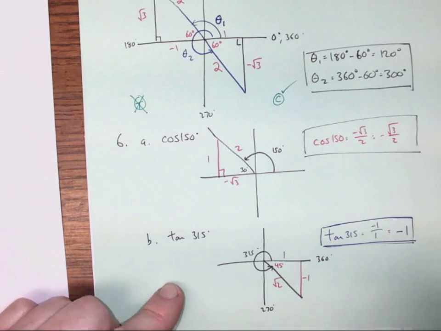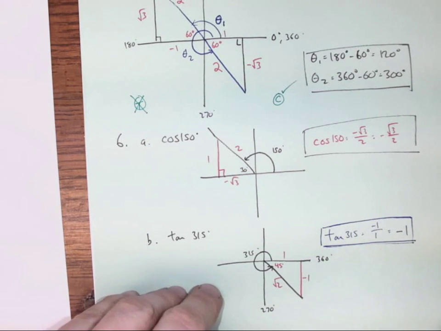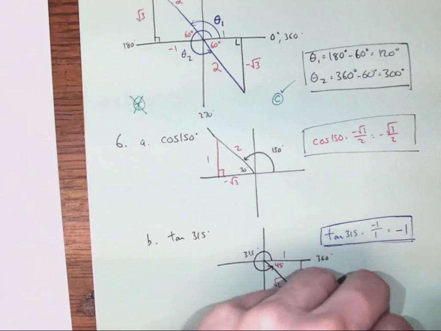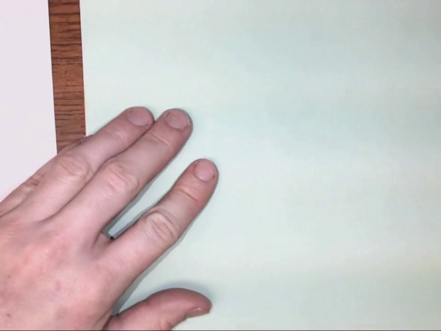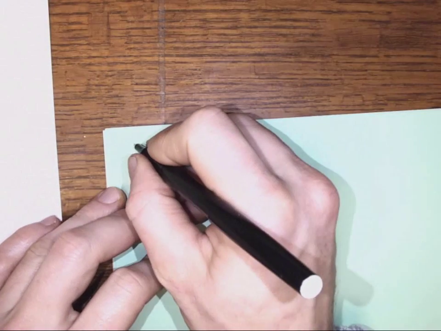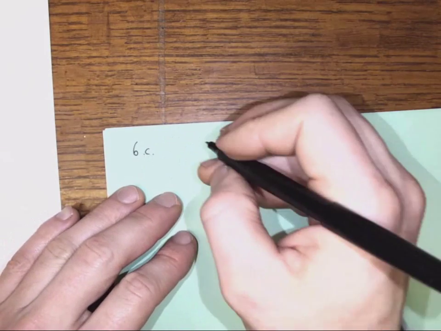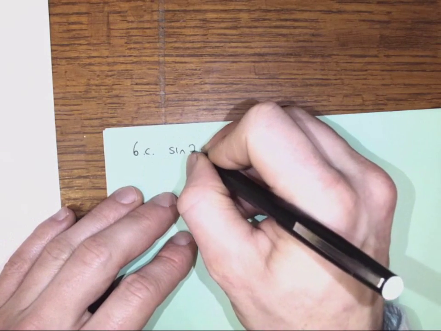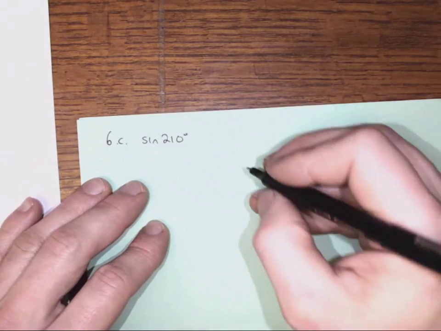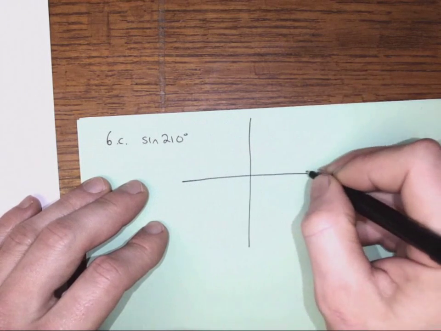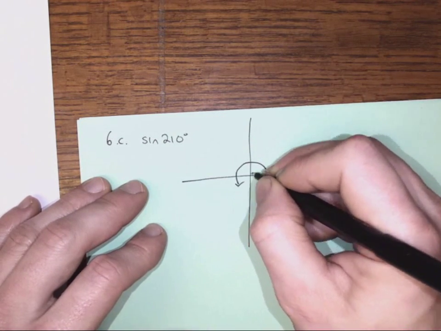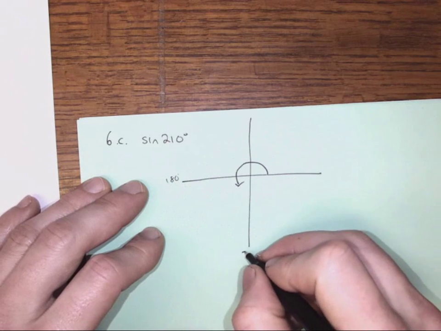All right, so for question 6C, we're given the value sine of 210. Okay, so I'm going to start by sketching out 210 degrees. That'll be in between 180 degrees and 270 degrees. And 180 plus a little bit more to get to 210, that's going to be 30 degrees.